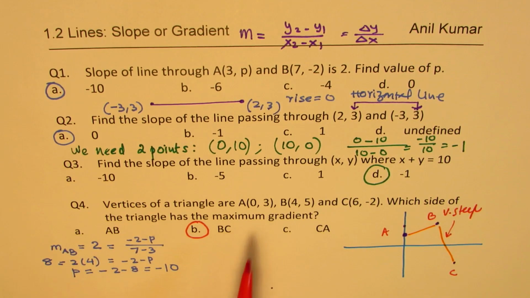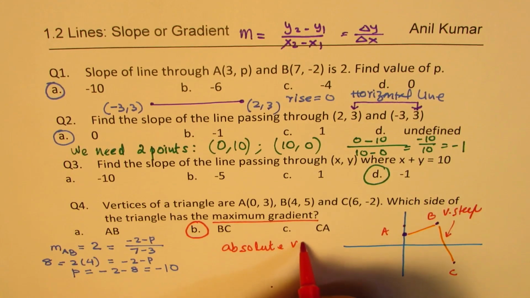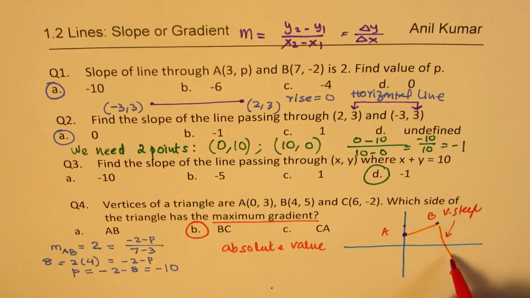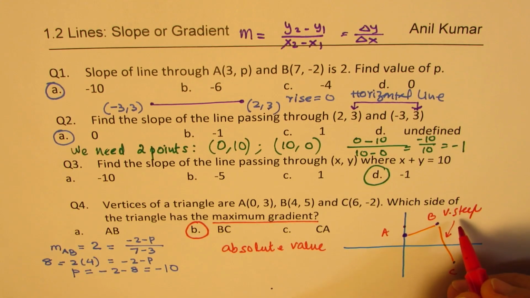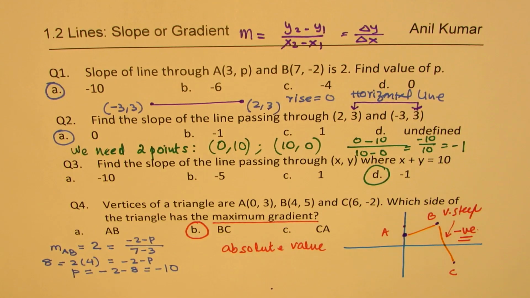It is important to note that when we are saying maximum gradient, we are talking about absolute value. Don't think that this is a negative slope. Yes, it is negative, very steep, but negative. Even then, this will be treated as the side with maximum gradient. So B to C will be your answer.